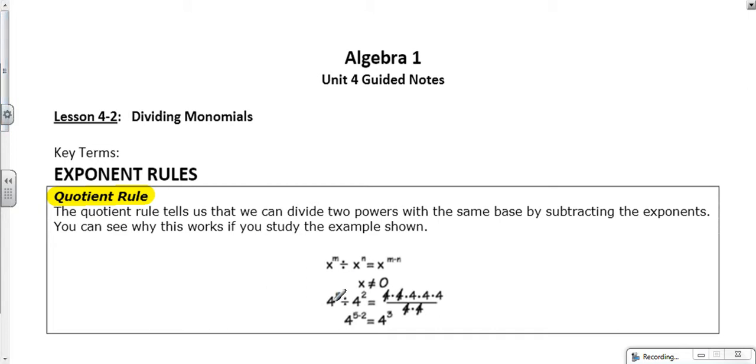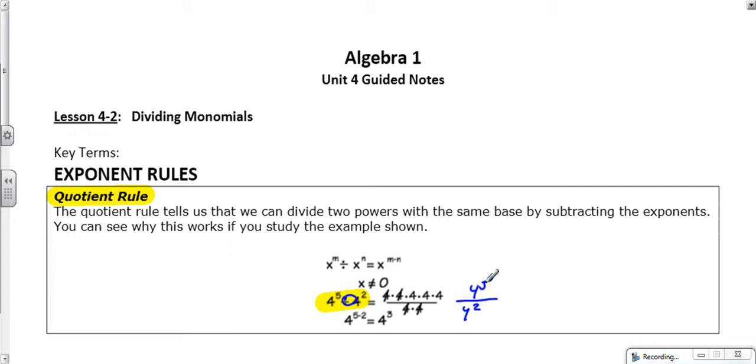Notice that if I have 4 to the 5th power divided by 4 to the 2nd power, this is the best example to start with. If I wrote it out, 4 to the 5th over 4 squared, this is what we're looking at, and that's what division means right here.